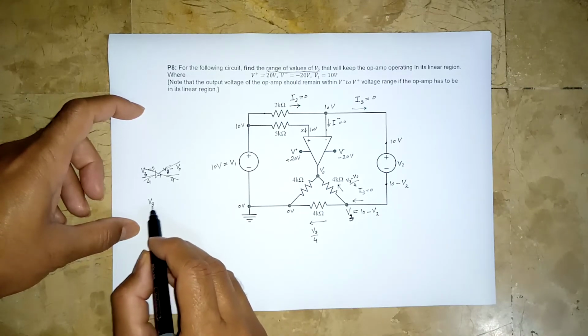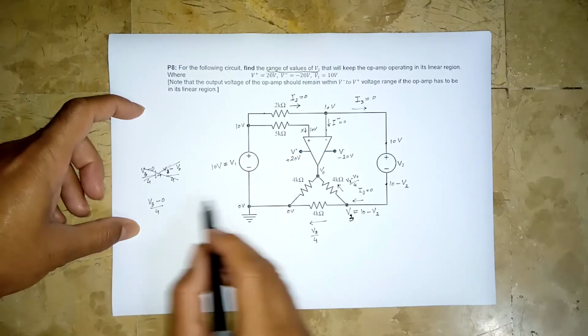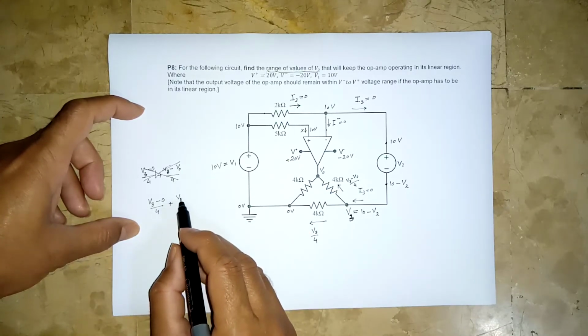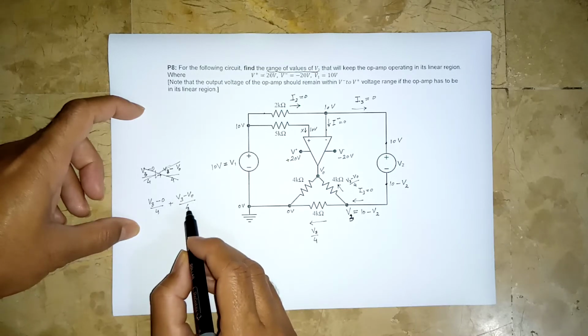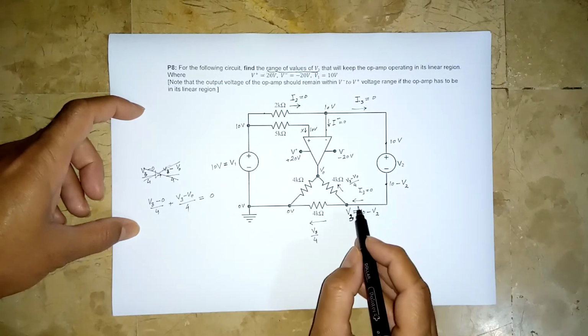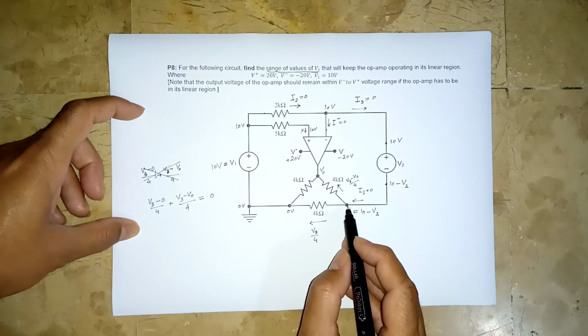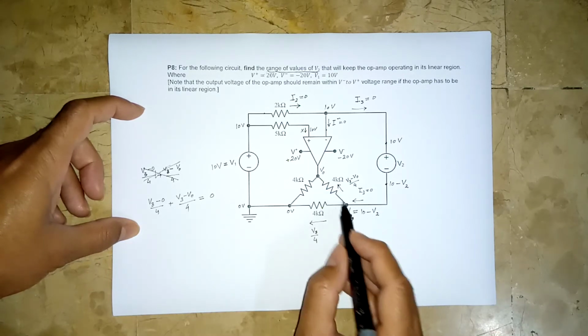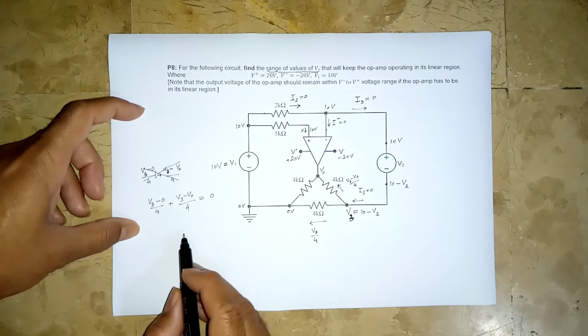We can write (V3 minus 0) over 4, this current, plus this current. All the outward currents, the sum of all the outward currents would be equal to 0, because there is no current flowing in here. So we are actually not concerned in writing KCL here. We can ignore this branch as well. So this is an equation with two unknowns. We need another equation.